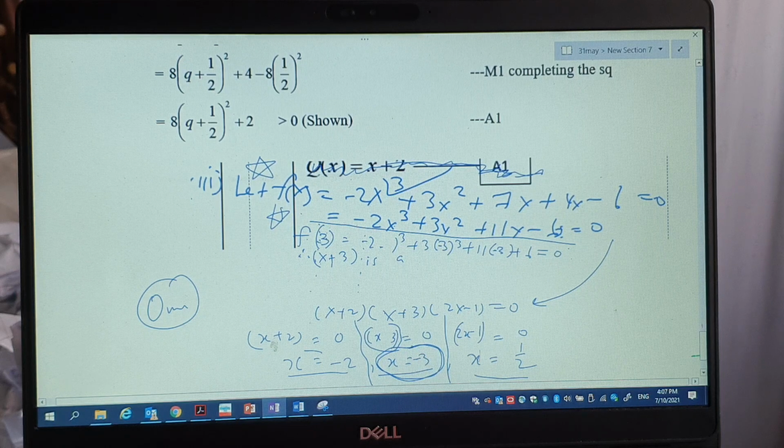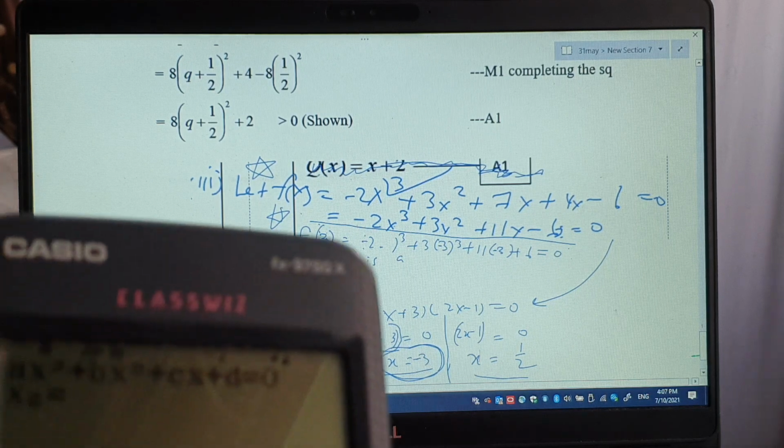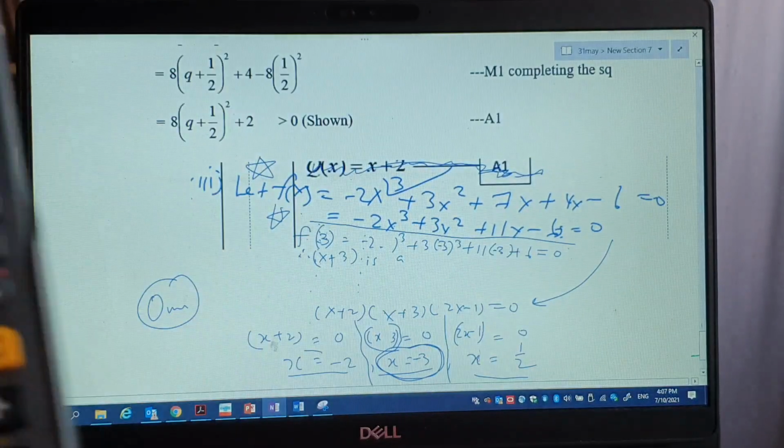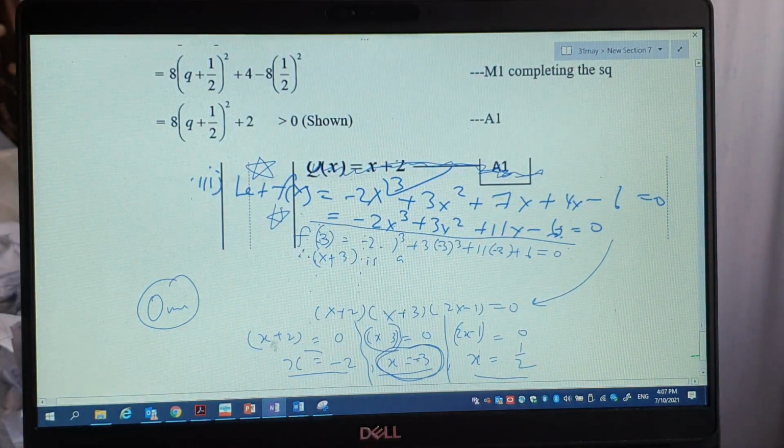Wait, I check the answer. Yeah, I was correct, so this is 3, this is 3, this is 3, no minus, okay? No minus. So this x minus 3 is a factor.